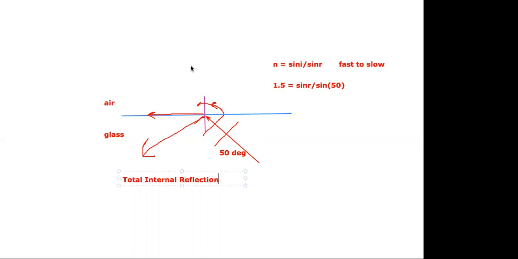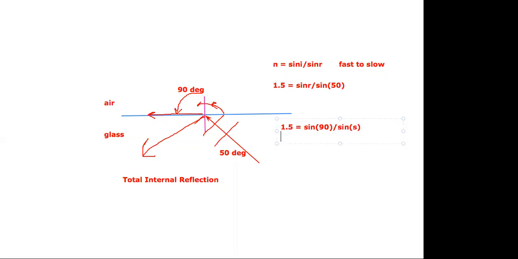So let's just see. What is the biggest angle you could possibly have out on the fast side? I think you'd have to agree it's 90 degrees. So I'm going to do Snell's law again, and I'm going to take that 1.5 and do it backwards. I'm going to say the sine on the fast side is 90 degrees, and I'm going to find out what the angle is on the slow side.